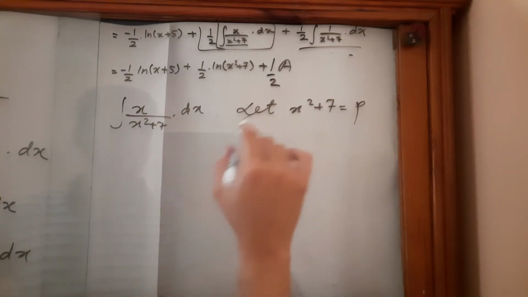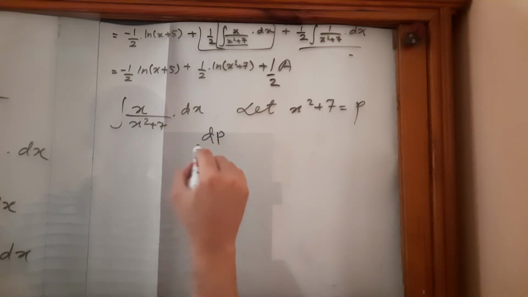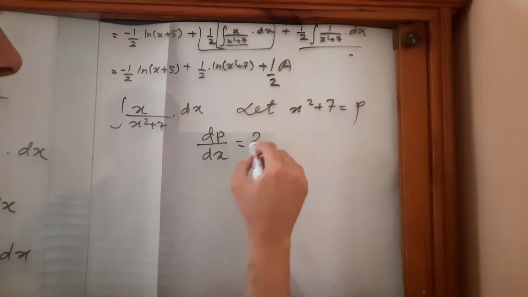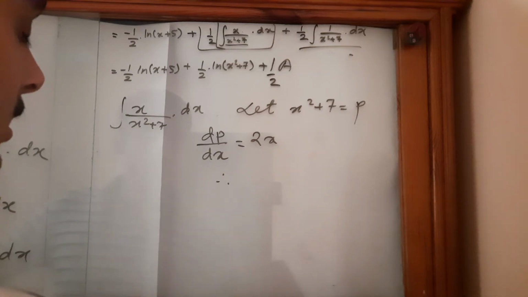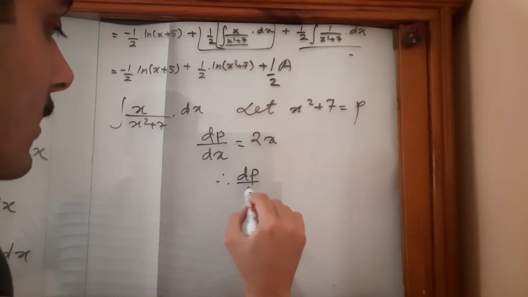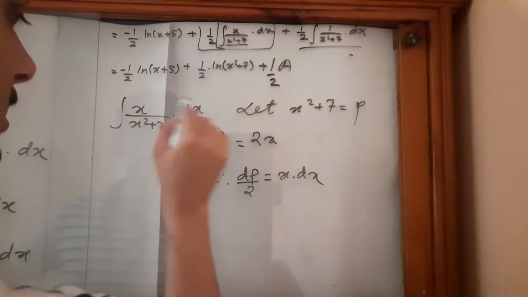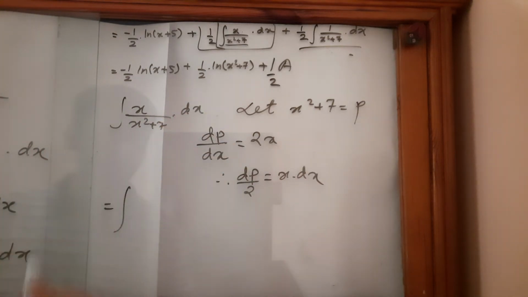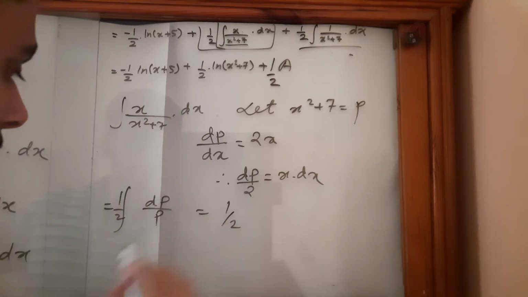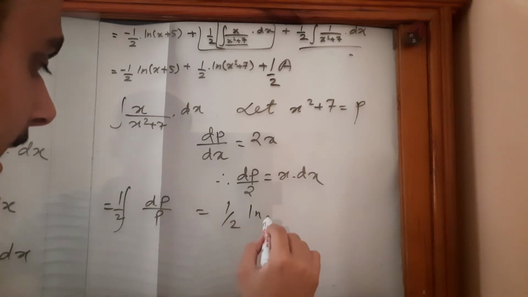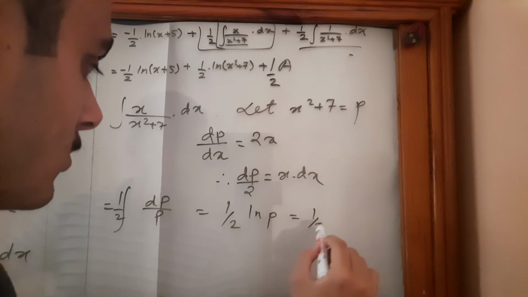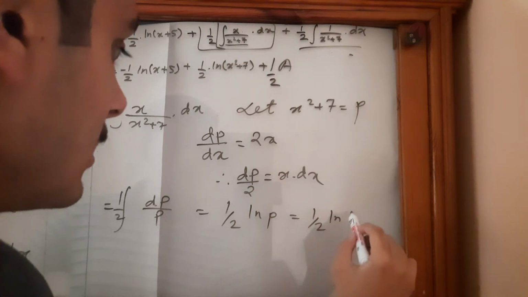That way dp over dx is equal to 2x. Therefore dp over 2 is equal to x dx. So 1 over 2 dp over p is equal to 1 over 2 ln p.